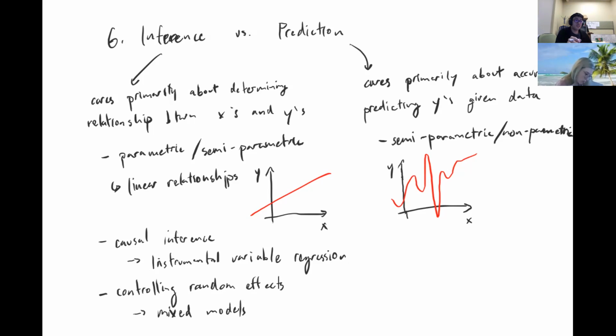On the predictive side, we started to add in functional form flexibility through splines, through kernel regression, and then we delved into ways that you can really introduce lots of flexibility with neural networks.